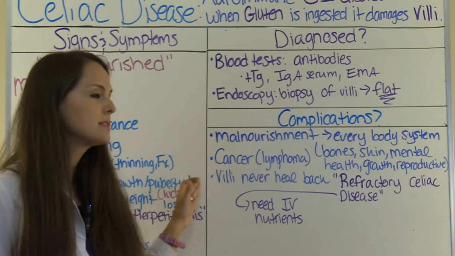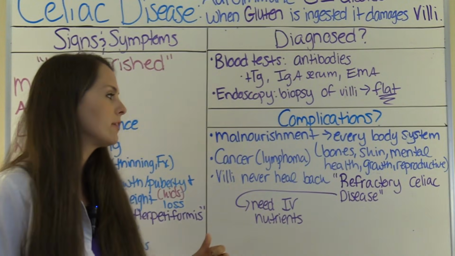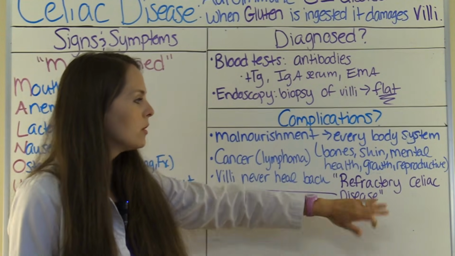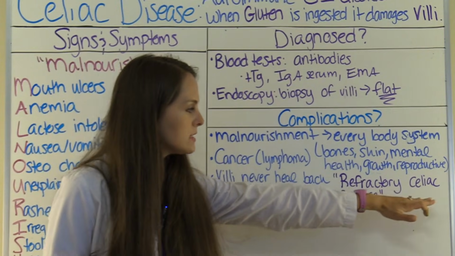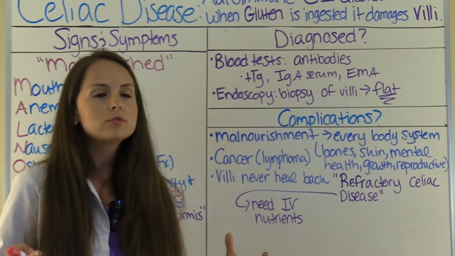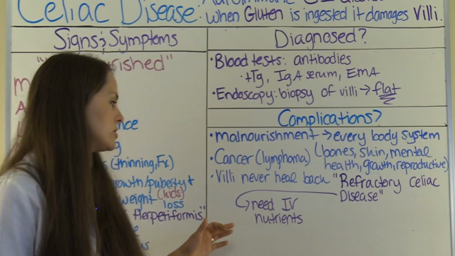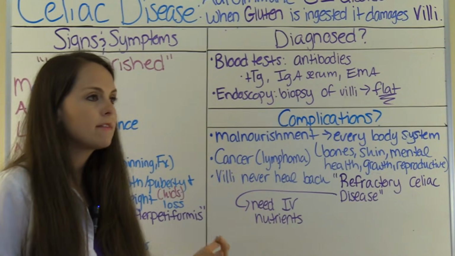And sometimes these villi never heal back. They're gone forever. And that is termed refractory celiac disease. If the patient gets this, they'll never be able to really absorb the nutrients from their food. So they'll need some type of supplementation, like through an IV.